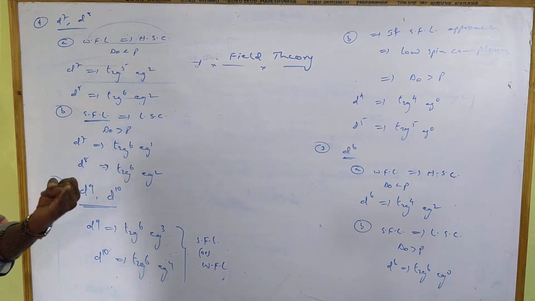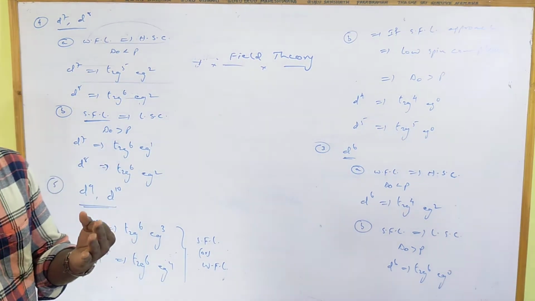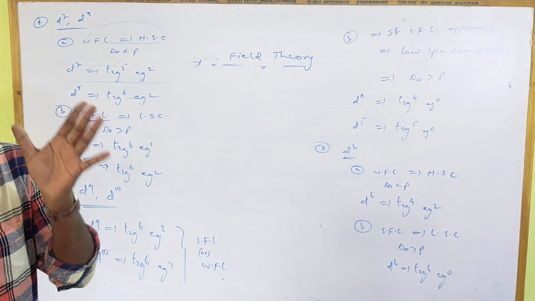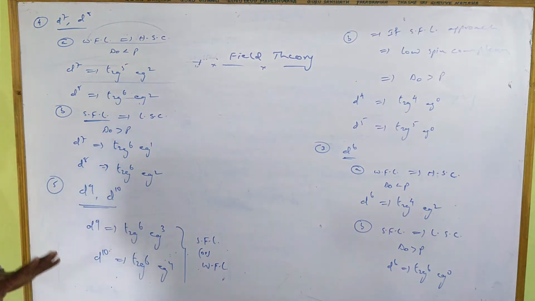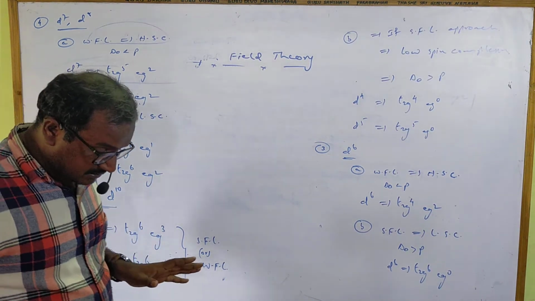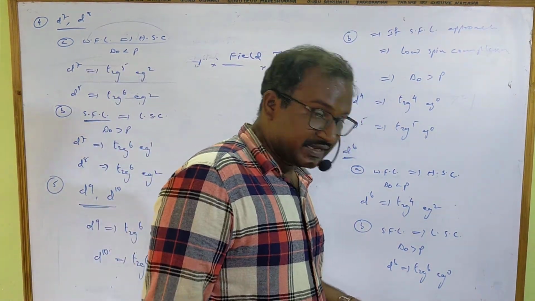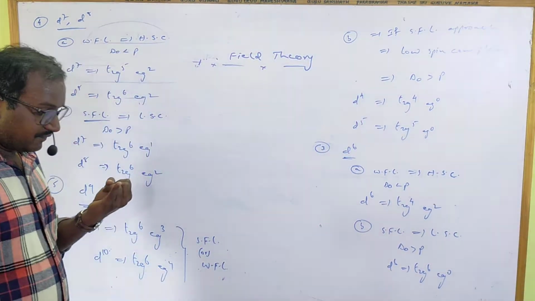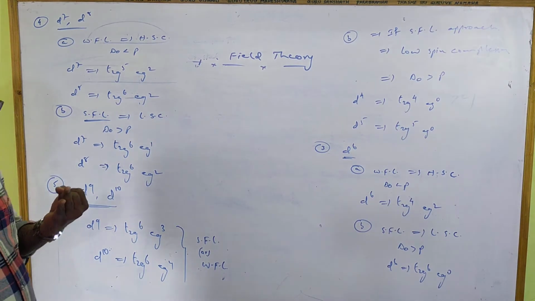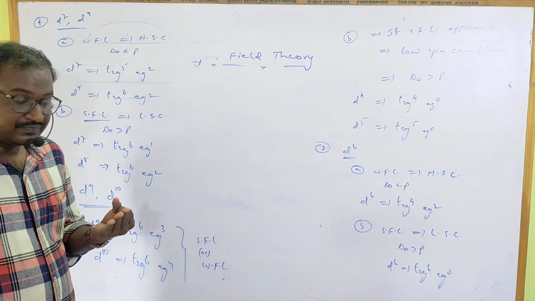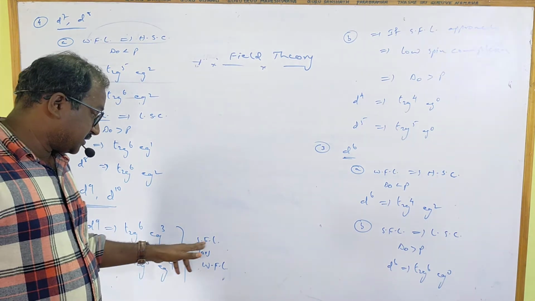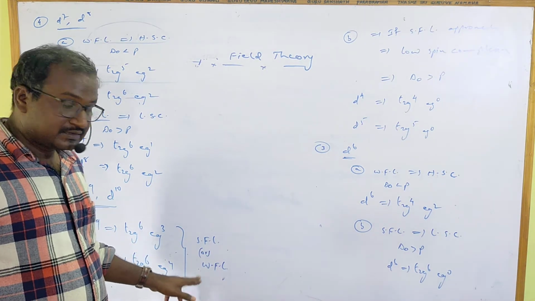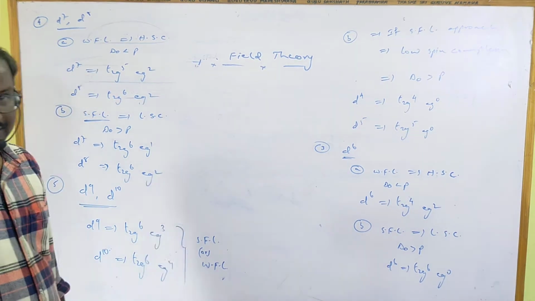Means in the d orbital electronic configurations from D1, D2, D3 to D9, D10, if the configuration is D1, D2, D3, D9 or D10, whether the ligands are strong field or weak field, the configuration is constant.